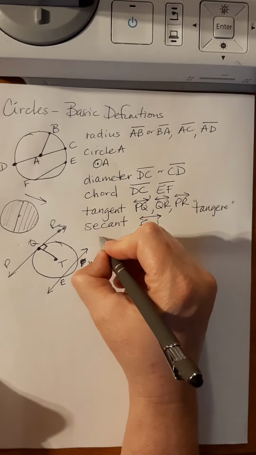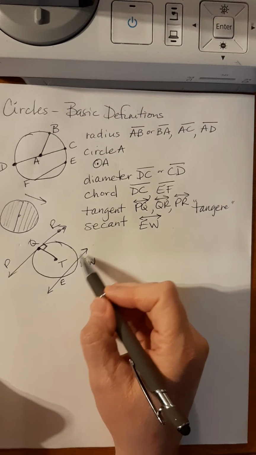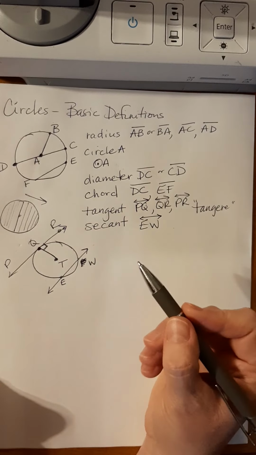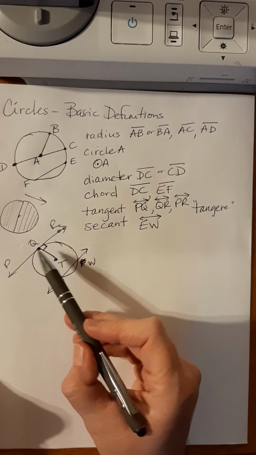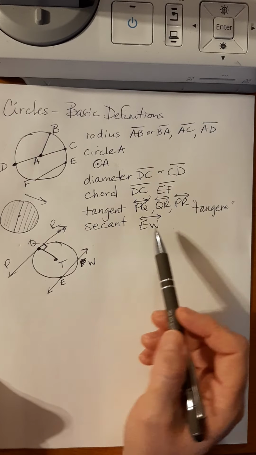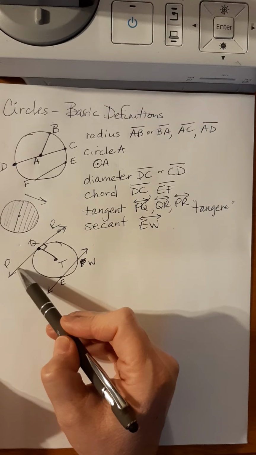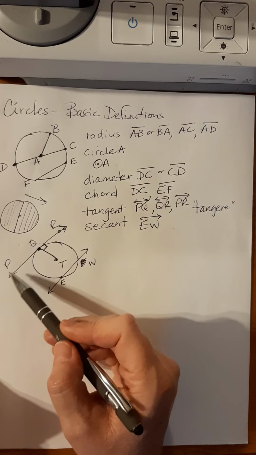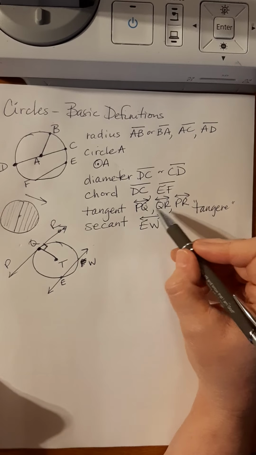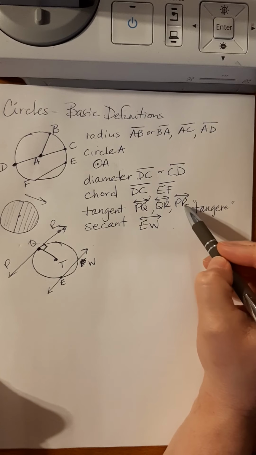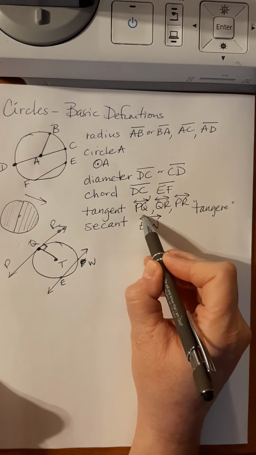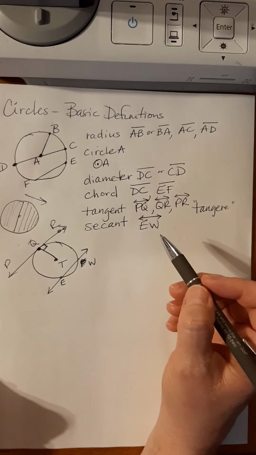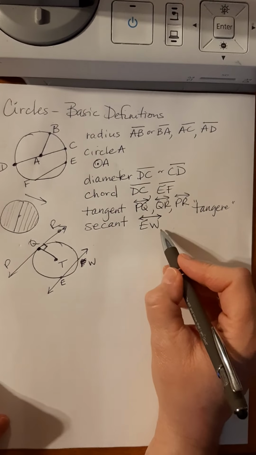So a secant is a line that cuts through the circle in 2 points. A tangent touches the circle at 1 point. Technically, a tangent, since you could have a segment tangent, those could be bars, especially the PR. But secants, no matter what, have to have the line because by definition they are a line that cuts through a circle.